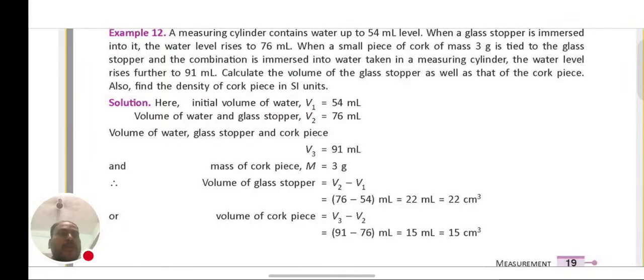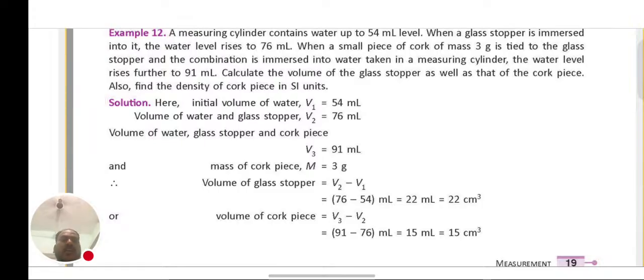When a small piece of cork of mass 3 gram is tied to the glass stopper and the combination is immersed into water taken in a measuring cylinder, the water level rises further to 91 ml. Calculate the volume of the glass stopper as well as that of the cork piece. Also find the density of the cork piece in SI unit.